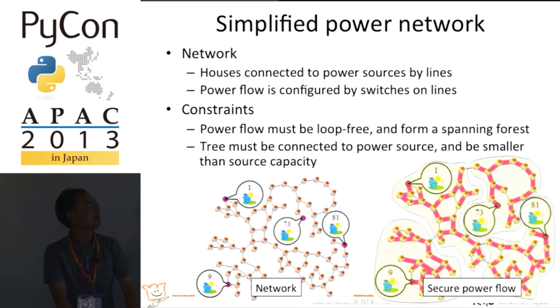Today, I used a simplified power network, but actual power network analysis is more complicated. It includes some power flow calculation, like current, voltage, and three-phase. So this is one example, and I think this is the most successful example so far.